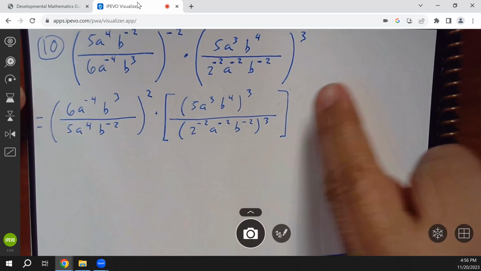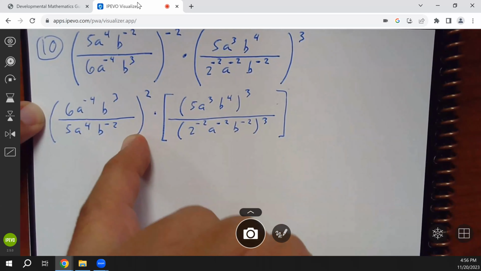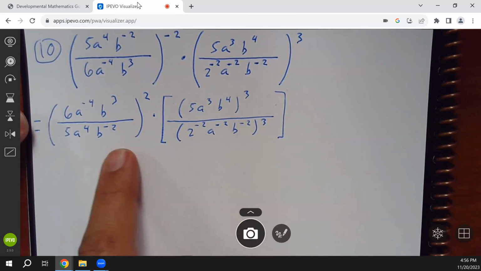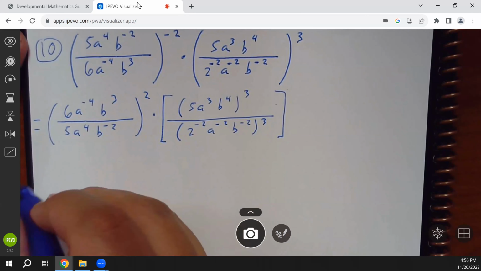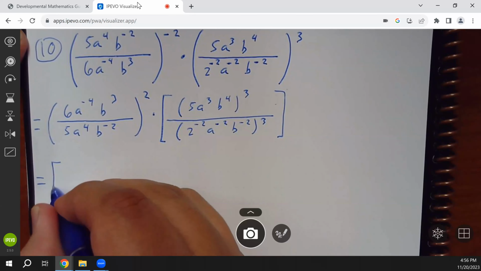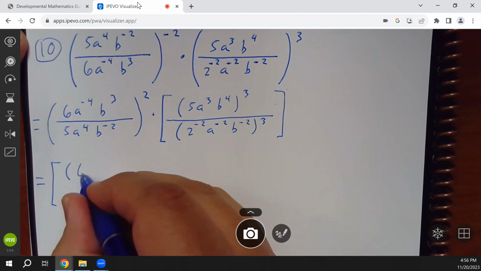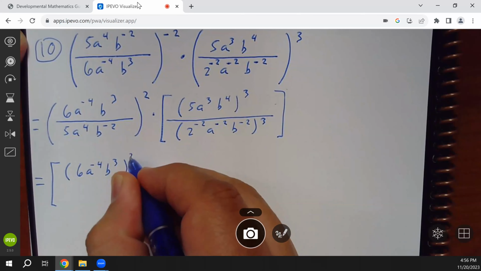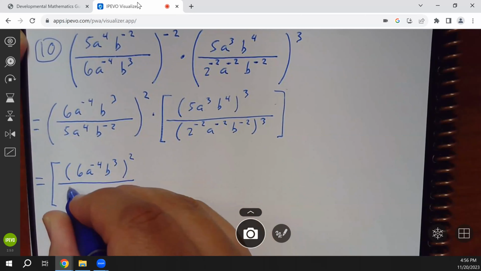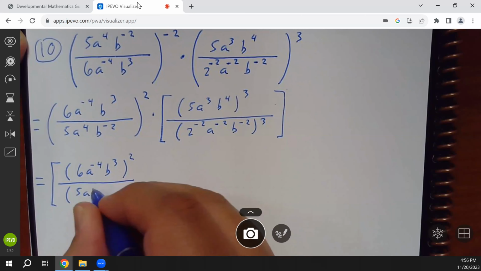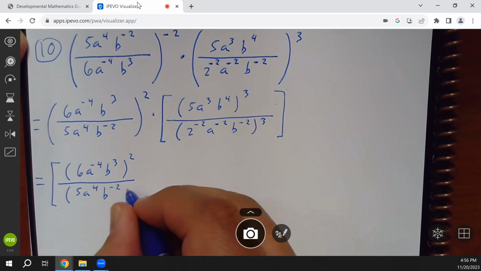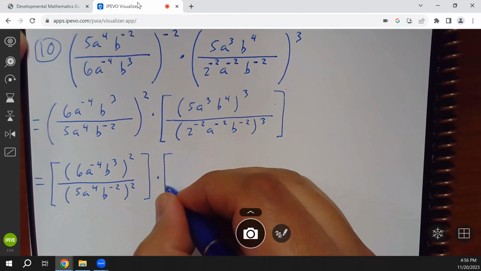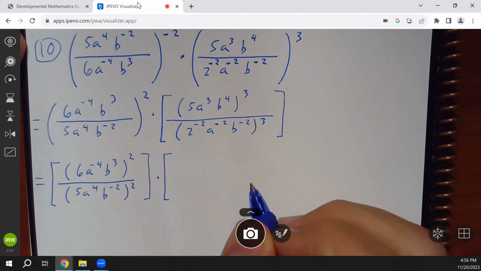Okay, so I did 2 things on this one. I flipped it over, and this guy applied the 3 to the top and bottom. So now I'm gonna apply the 2 on top and bottom here. Okay.